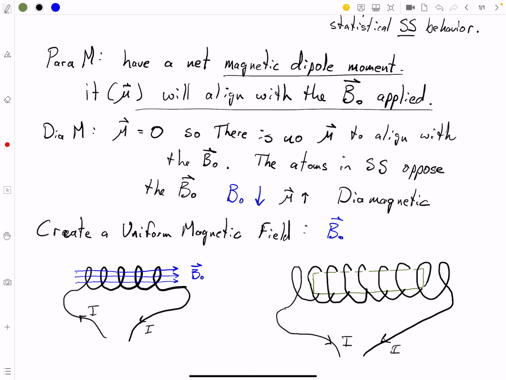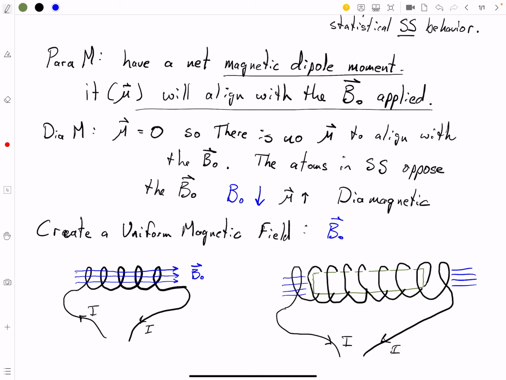And of course, we can then turn on our B field, and our B field goes all the way through. I'm only going to draw it at the ends so that we can kind of draw some things happening in our material. What is going to happen in our material?